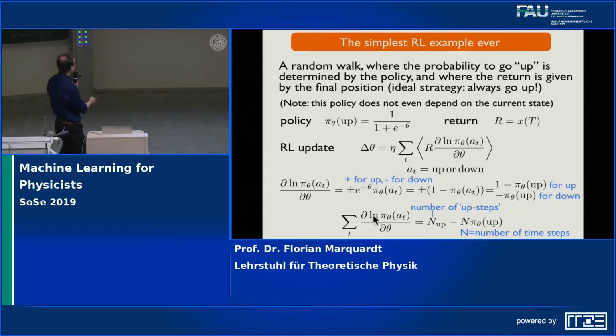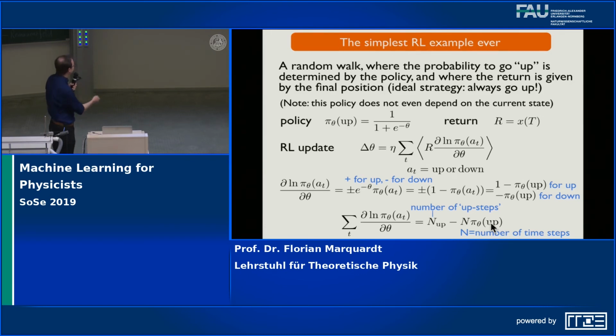So the sum over times, d log over d theta, is, well, I multiplied the first thing with n up and the second thing with n down, and then I used that n up plus n down equals the full number n of time steps, and so this is what I arrive at. n up minus n times the probability for up. If you think about it, first of all, it's super nice that we can explicitly work this out. This is almost never possible.